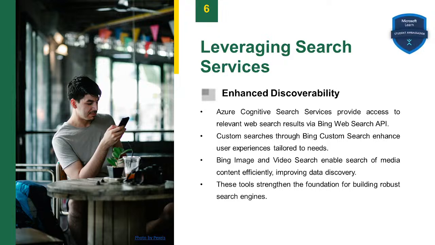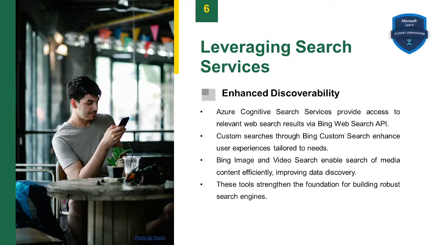Another key service is Bing Custom Search, which enables you to create tailored search engines for your application. This allows you to refine and personalize search results based on your specific business needs, ensuring that users find what they are looking for faster.